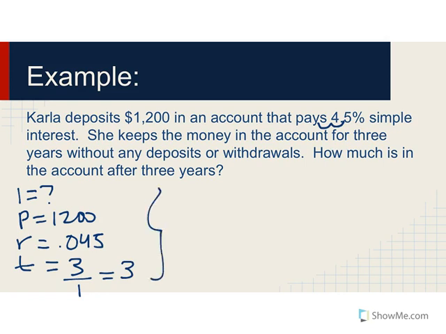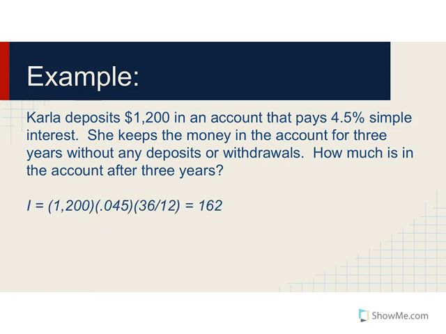So again, now that we have all of our variables identified, we're going to plug them into our formula of I equals PRT. The other thing that you see here, I ended up turning it into months, but if you just did 36 divided by 12, you would also see that that's 3. So you can put just a 3 right here instead of the 36 over 12, or if you like the 36 over 12, you keep it.